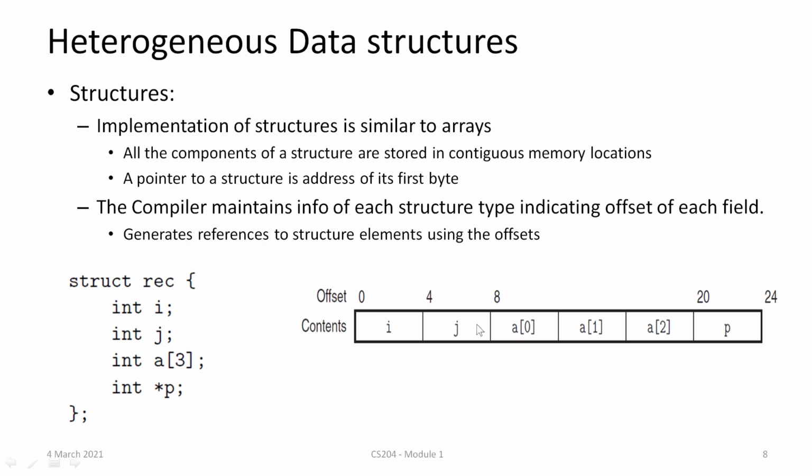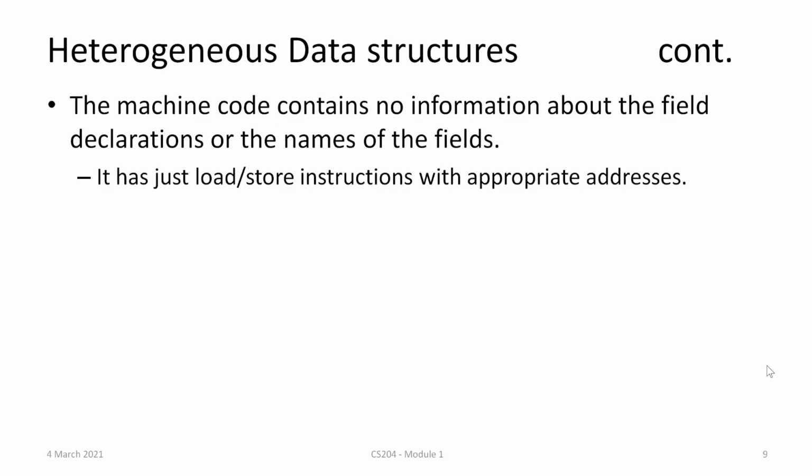Now when we look at both the instructions, we will not be able to make an insight that, okay, if the offset is 8, it is an array element; if the offset is 20, it is a pointer, right? That kind of information will not be available in the assembly. All it has is a simple load and store.